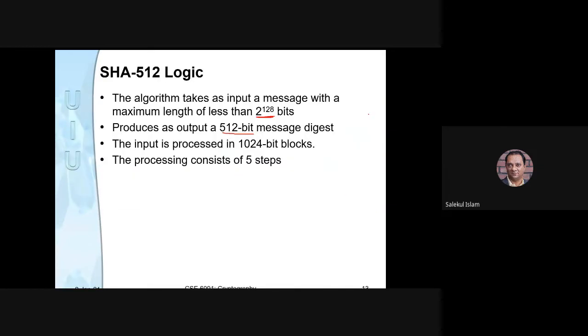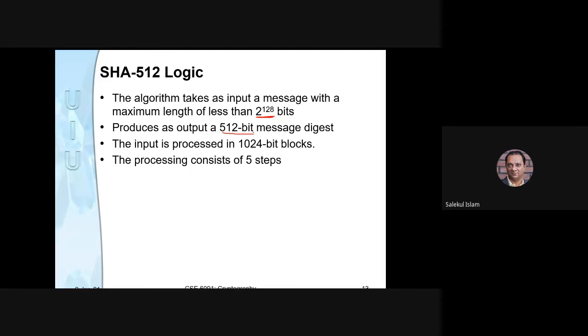It divides the whole message into different blocks, and each time it works on a block. It completes the first block, then moves to the second block, then the third block, and at the end of each block, it generates a 512-bit message. The output of the last block is our final output.